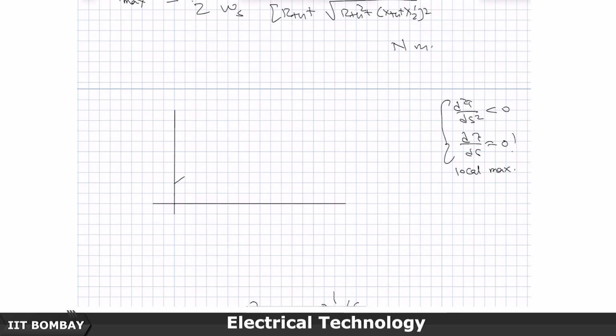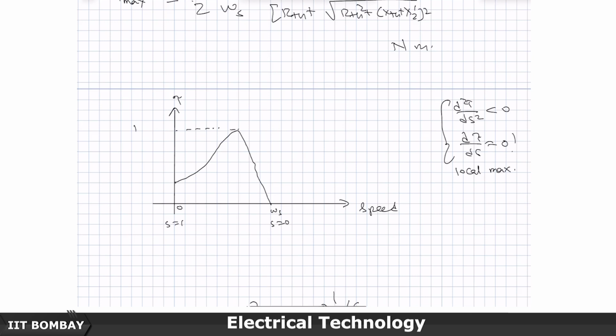So if we plot the torque speed characteristic, it would look something like this. This is your synchronous speed, slip 0, starting speed is 0, slip is 1, and this is your torque speed characteristic.